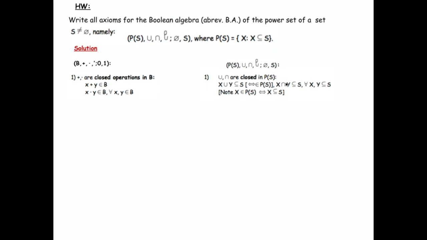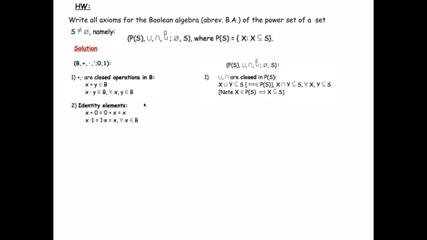And then X intersection Y is a subset of S for all X and Y that are subsets of S. So do note that if X is part of a subset, it's also part of the power set, right? Because the power set is the set of all subsets.